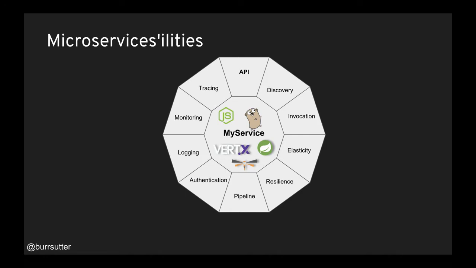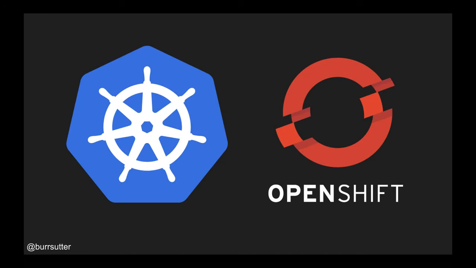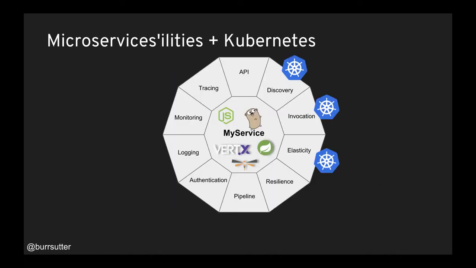So where are these facilities coming from? Where do we get them? Well, when you run on containers with Kubernetes, or if you're using Red Hat's version of Kubernetes, which is OpenShift, then many of these capabilities come from them. Kubernetes makes it easier for services and applications to discover each other, and also easy for services to call each other within the cluster.